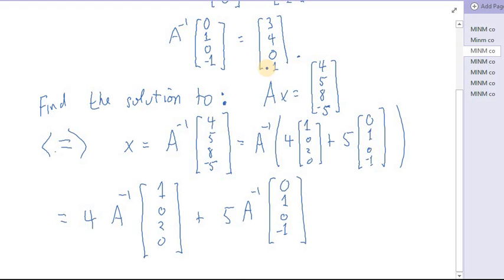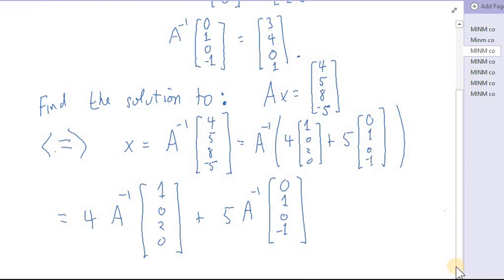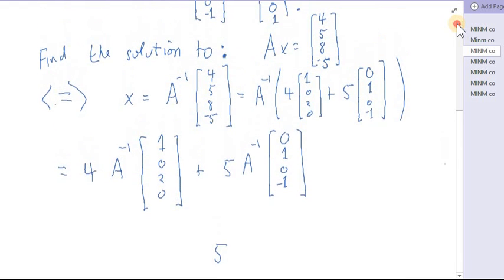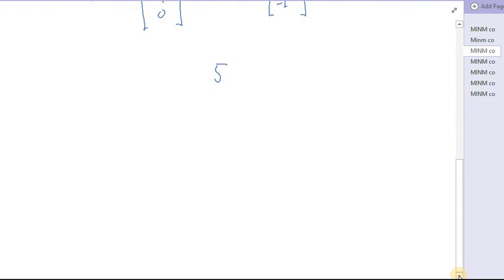It's (3, 4, 0, 1). So I'm just going to replace this. The second term is 5 times (3, 4, 0, 1).